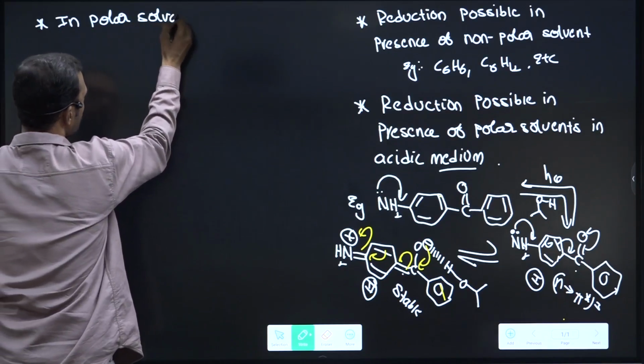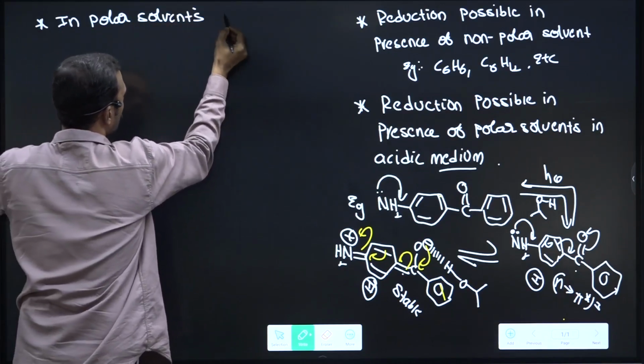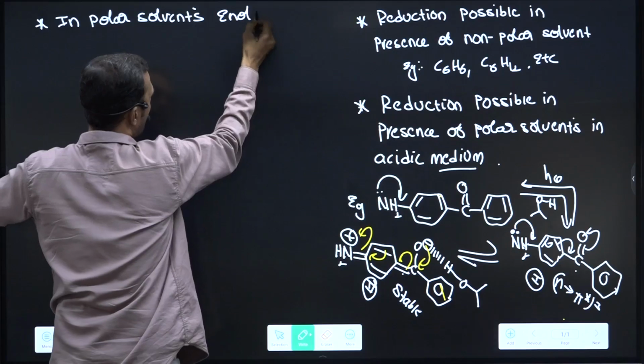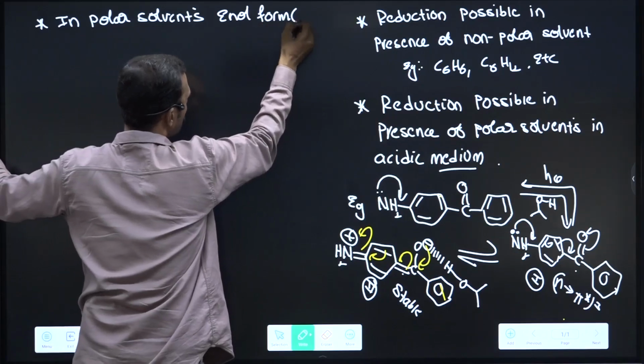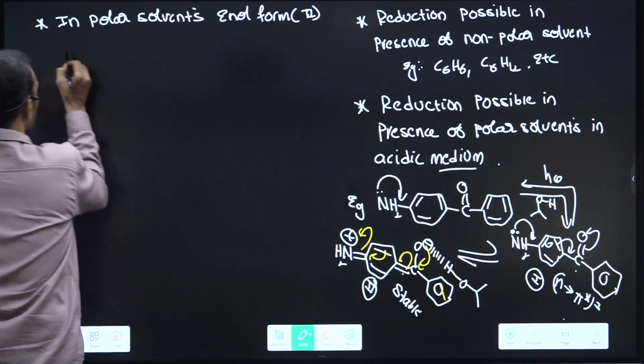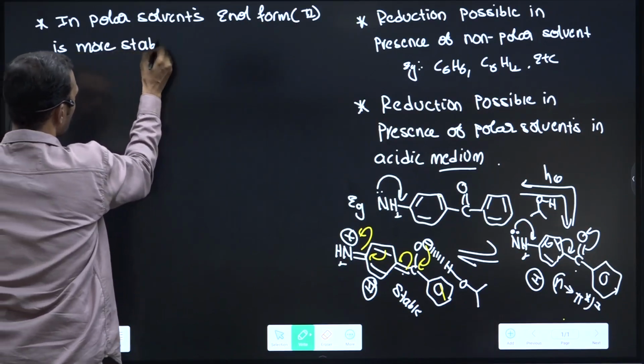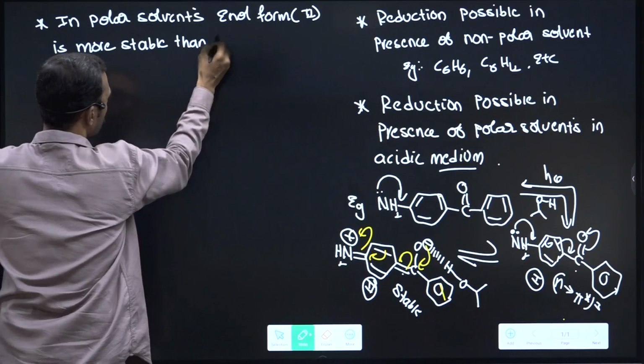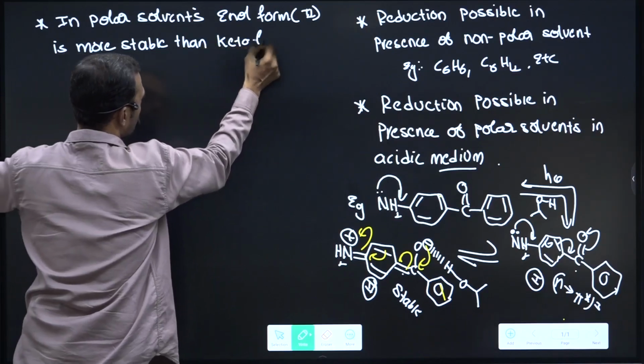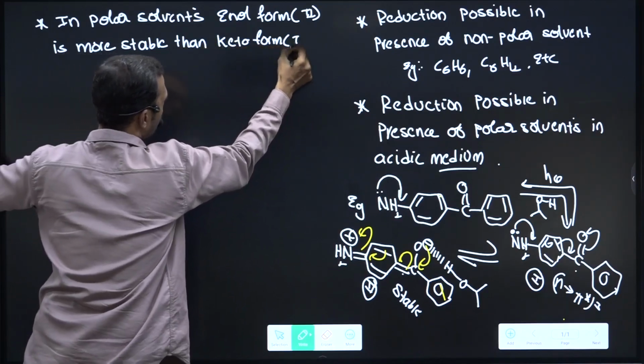In polar solvents, enol form. What is enol form? 2. Enol form is more stable than which one? More stable than keto form. So which is keto form? 1.